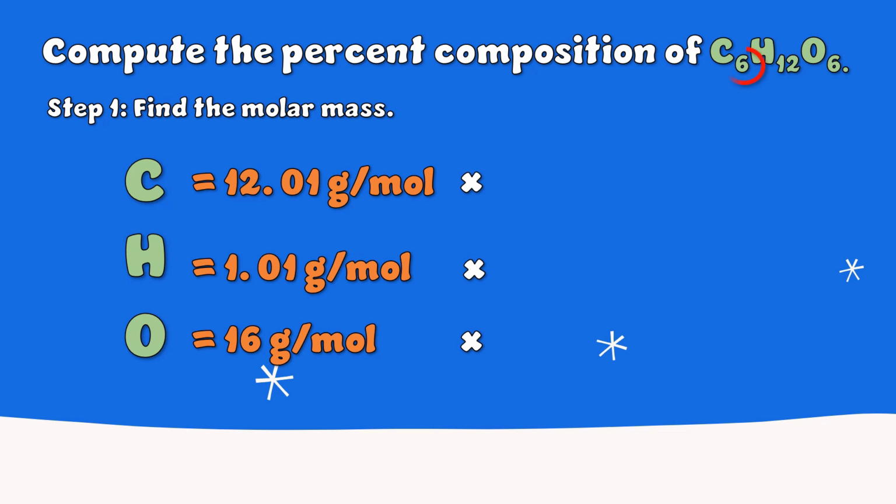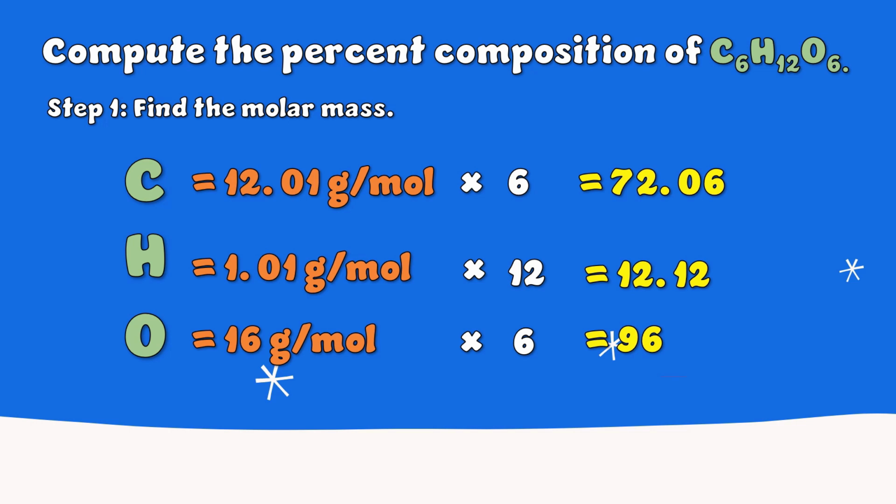In this formula, carbon has 6 atoms, hydrogen has 12 atoms, and oxygen has 6. 12.01 times 6 equals 72.06. 1.01 times 12 equals 12.12. And 16 times 6 equals 96. Add 72.06, 12.12, and 96, and the sum is equal to 180.18 grams per mole.